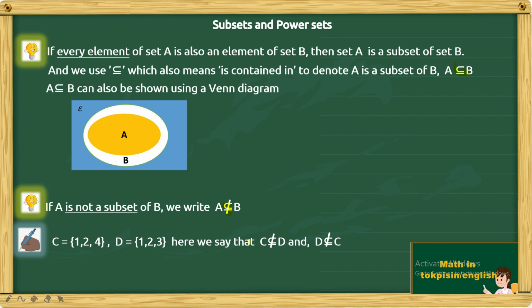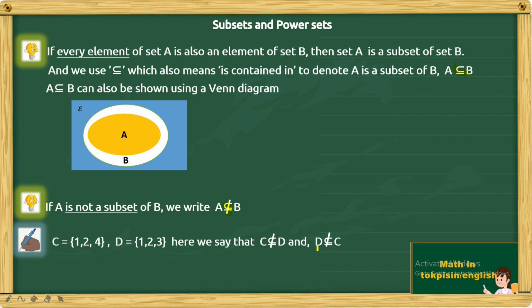Therefore, set C is not a subset of set D. Set D has 1 and 2 also here, but set C has 4. You cannot find 4 here.